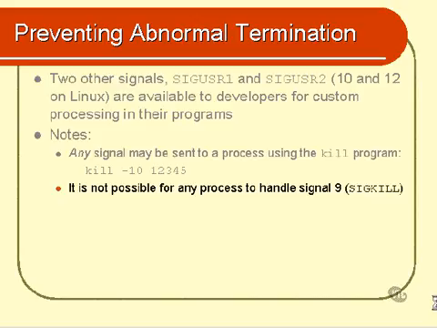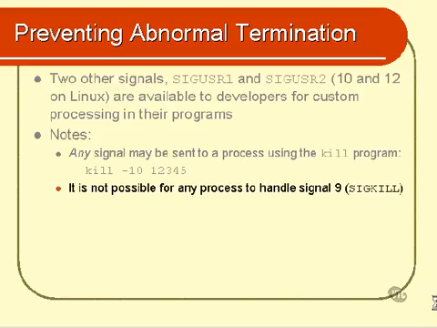And the second thing you need to notice is that it's actually not possible for any process, any shell script or any other program, to handle SIGKILL, signal 9, which is what we call the kill signal. So if you send a -9 signal to any process, kill -9, then that process is almost guaranteed to die. I say guaranteed because there's absolutely no way that it can say, no, I choose not to die upon receipt of signal 9.